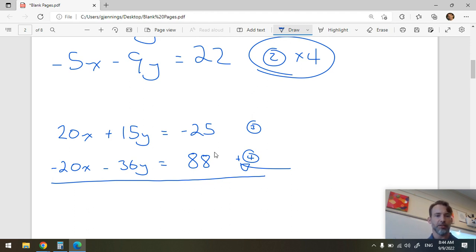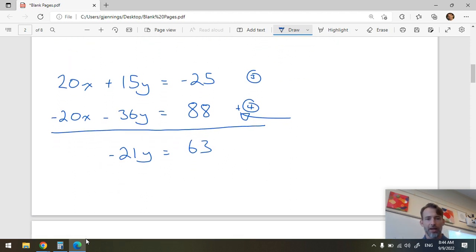Make sure you're very careful with your signs. 20x plus negative 20x gives me 0, so I'm not going to write down anything. 15y plus negative 36y will give me negative 21y, and that's going to be equal to negative 25 plus 88, which will give me 63.